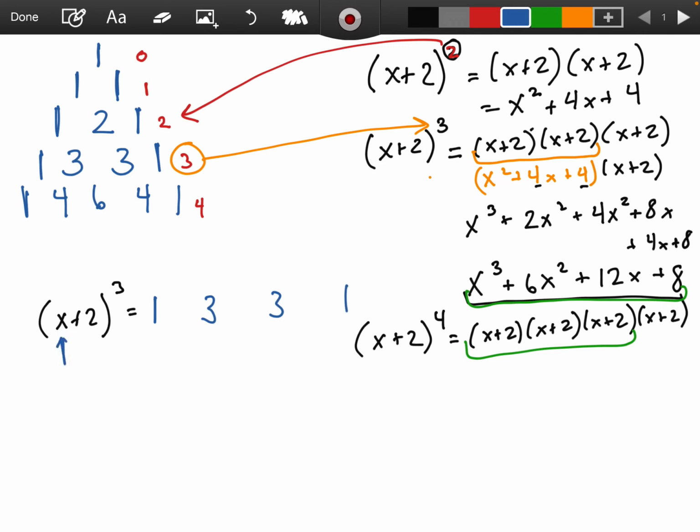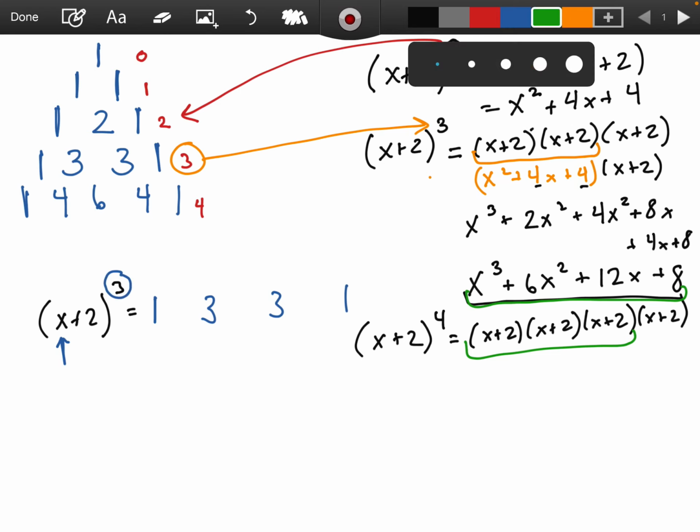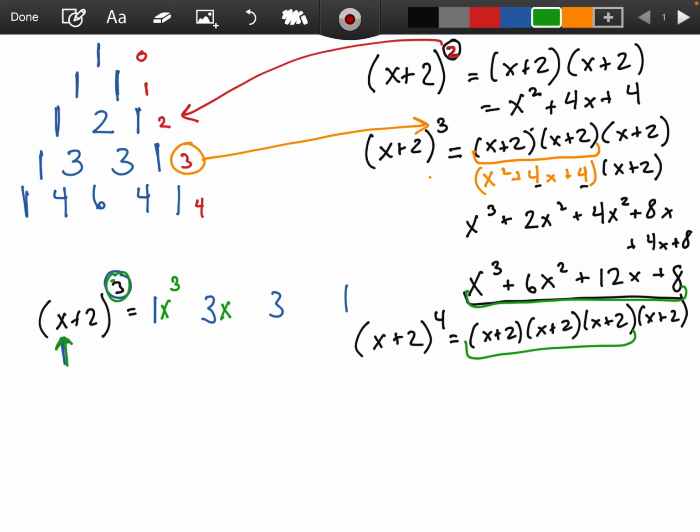What is in this position is going to start at this power and go down, and this is all multiplication. Let's use green for this one. It's going to start at the third power and go down. So this is going to be x cubed, then x squared, x, and we don't write x to the 0, so I don't need to put anything there.